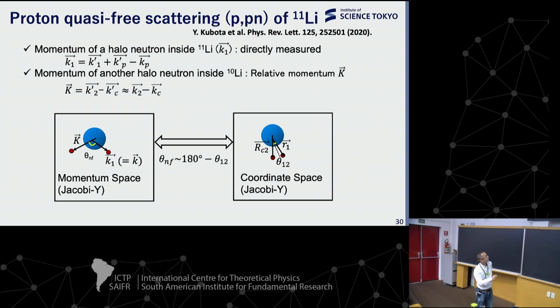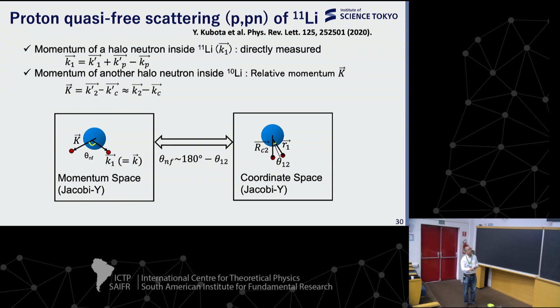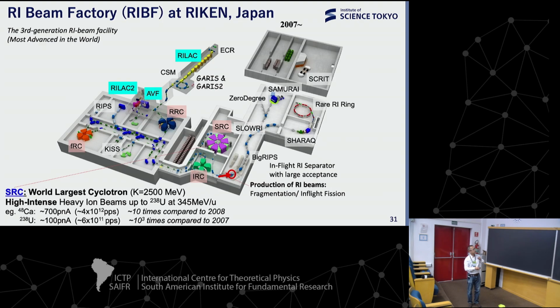So if we can measure theta NF, then we can also make an estimation of these opening angles between this first neutron and the lithium-9 to other neutron. So this is a kind of trick in this experiment.